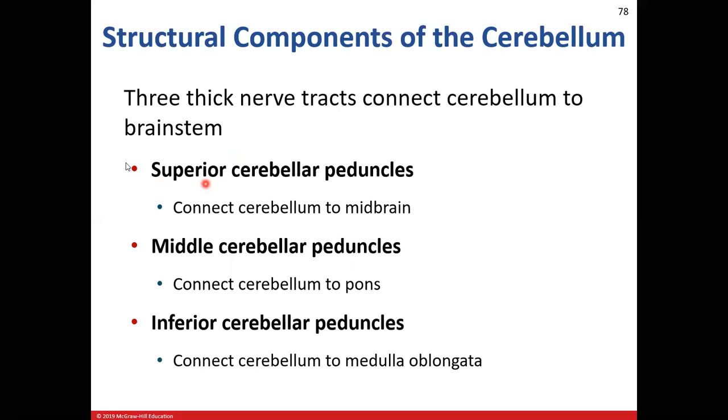So we have a superior, a middle, and an inferior cerebellar peduncle. The superior is going to connect the cerebellum to the midbrain. The middle connects the cerebellum to the pons, and the inferior connects the cerebellum to the medulla. And so we are basically going from most superior to inferior as it connects to the brainstem.